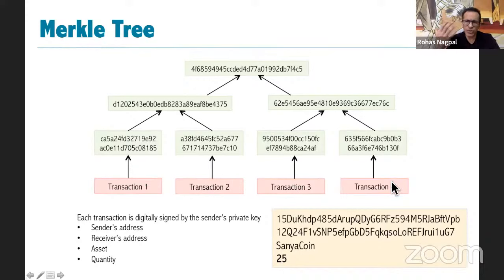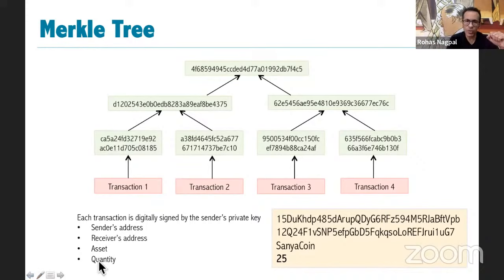Now, what does each transaction really have? So a transaction is something which is digitally signed by the creator's private key. So if I am sending money to you over the blockchain, let's say I'm transferring Bitcoin, I would be generating a transaction which has 4 things. My address, your address because you're the receiver. What is the asset I'm sending you? In Bitcoin's case, it's only BTC. But in the Ethereum blockchain, it could be BAT, it could be ETH, it could be so many other cryptos.